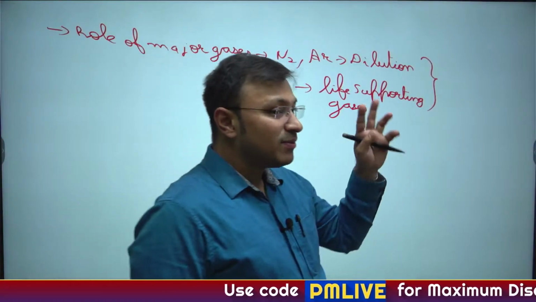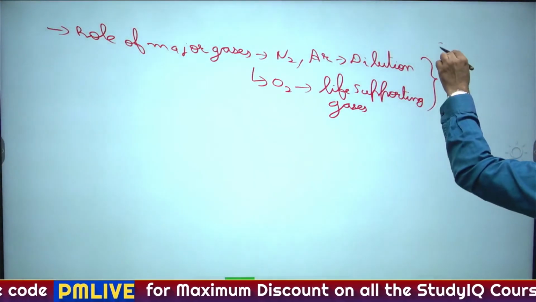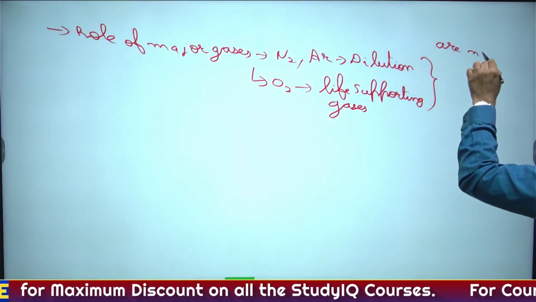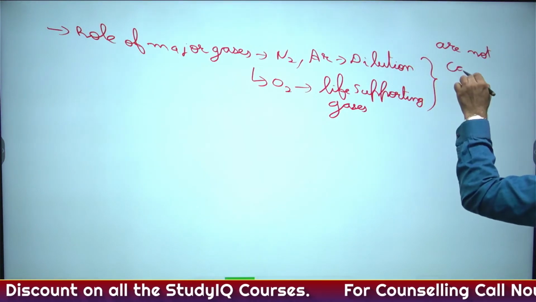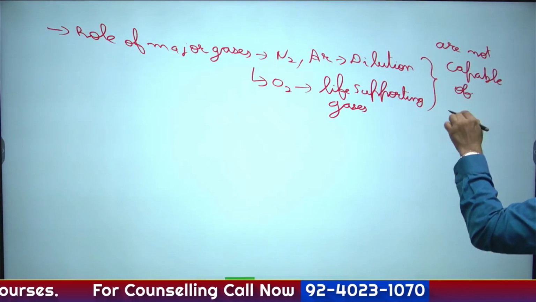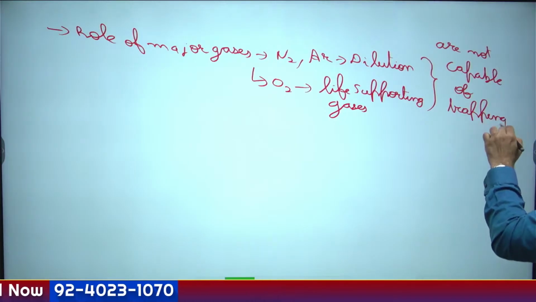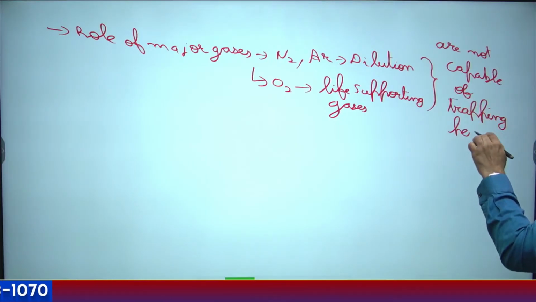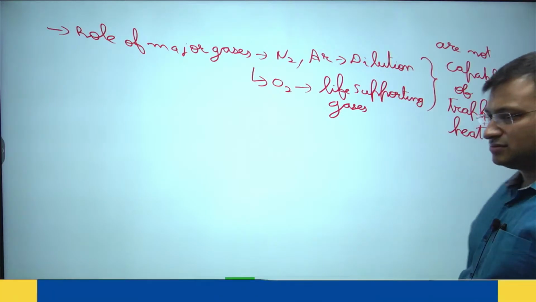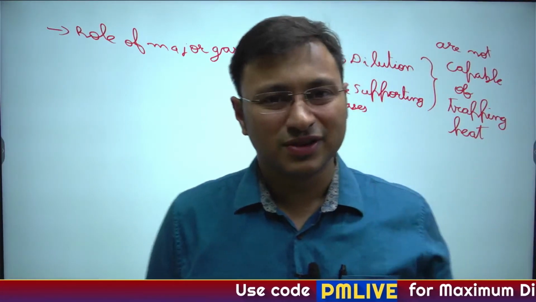No. If I'm talking about the major gases, they are not capable of trapping heat. So if they are not capable of trapping heat, then how is the maintenance of average ambient temperature of the earth done?